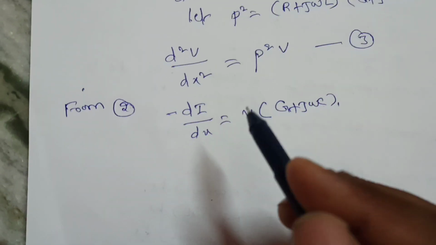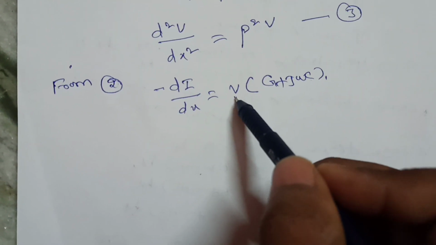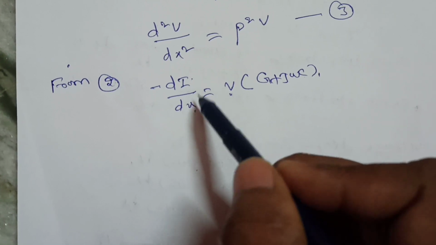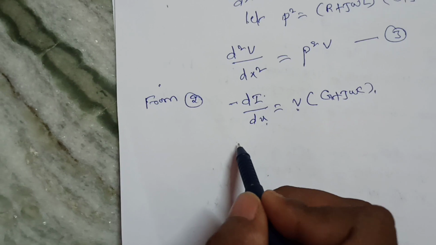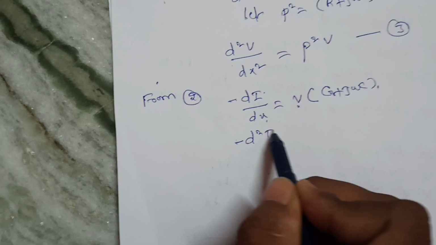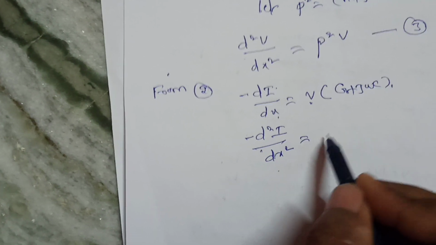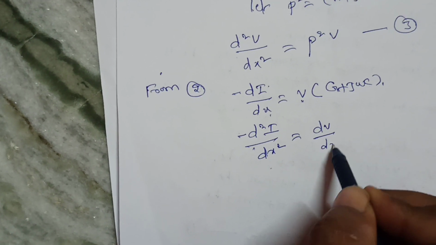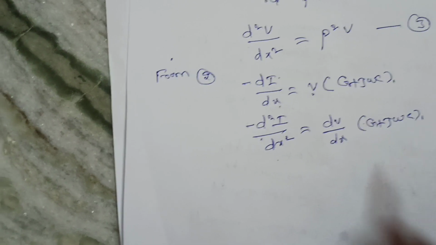It is possible only by differentiating this equation with respect to x. So then d square I by dx square is equal to dv by dx into g plus j omega c.